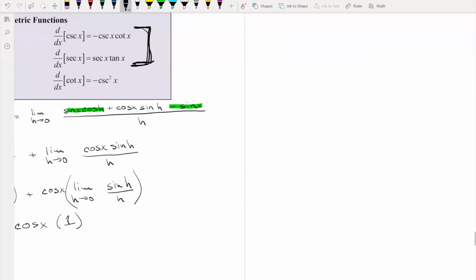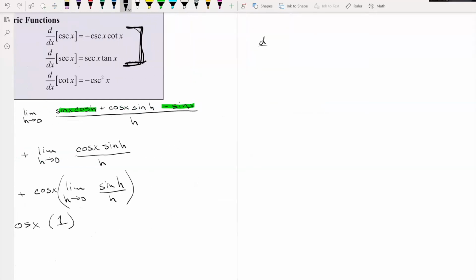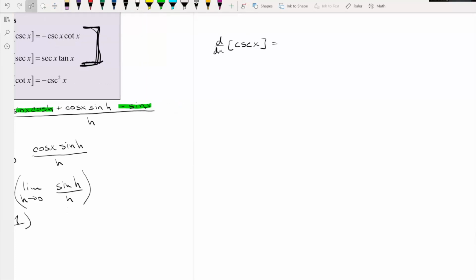Okay. So if we're going to prove the derivative with respect to x of cosecant is equal to all that garbage, let's start off by using some trig that we know. This is the same as 1 over sine x, right? And so I think I can use the quotient rule on that.